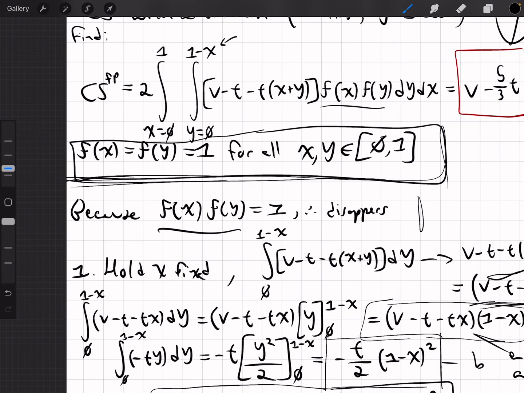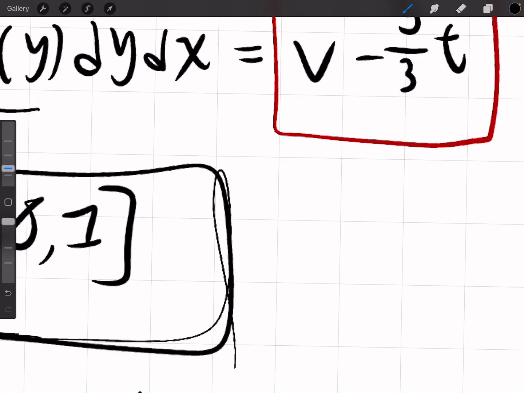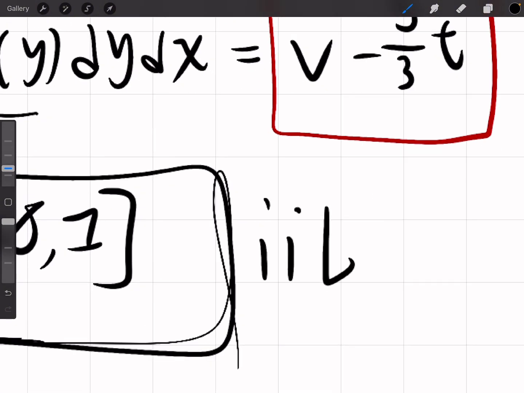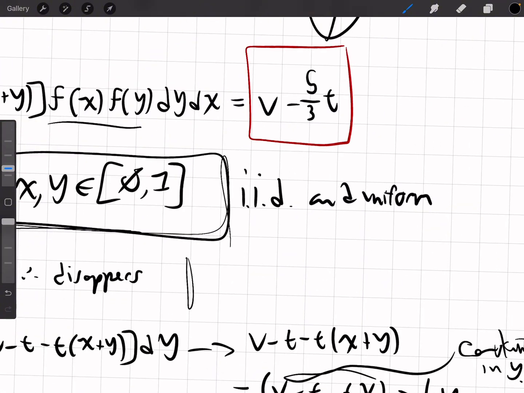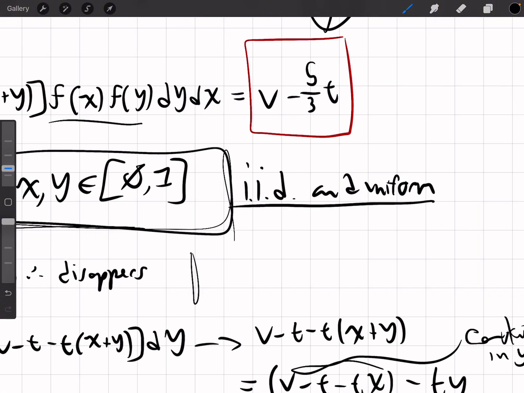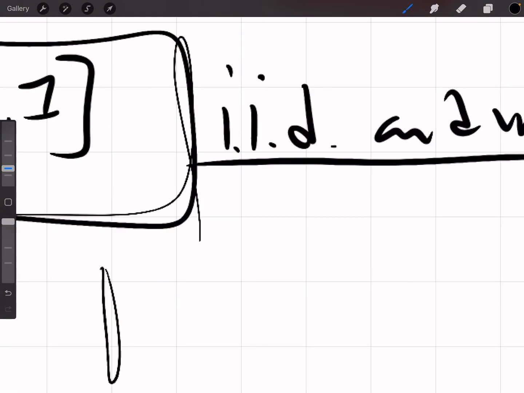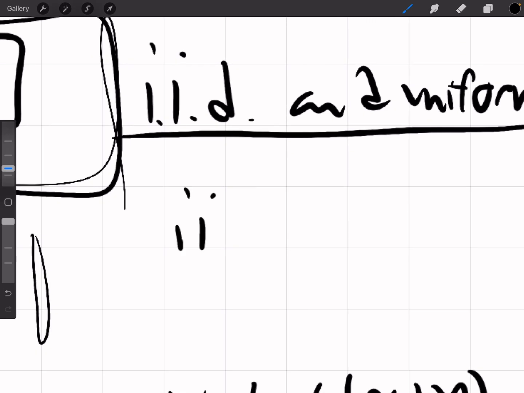So if these assumptions don't hold, I'll kind of read this off. So we're assuming IID and uniform. That's our assumption, IID and uniform. And then you have cases where it could be IID, oh my God, why do I keep on doing that?